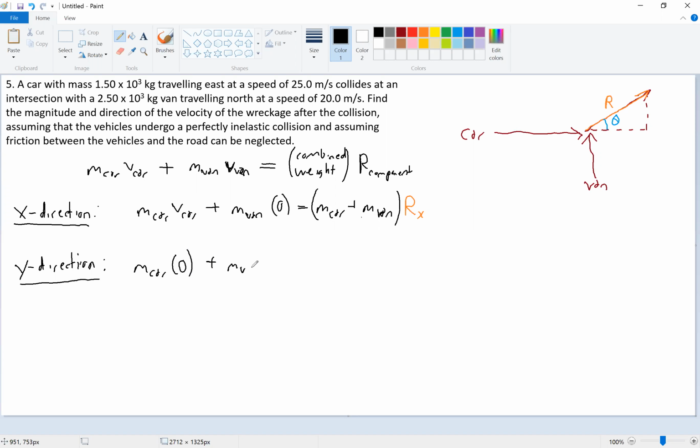We have the mass of the van times the velocity of the van, and that equals the combined mass times the y component. And so we set up those systems of equations, and then we can plug in numbers.